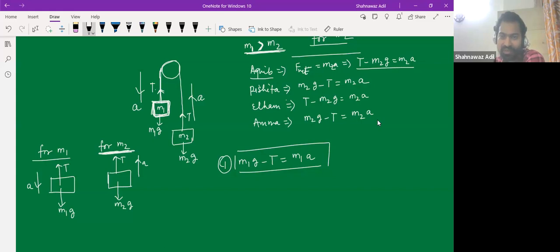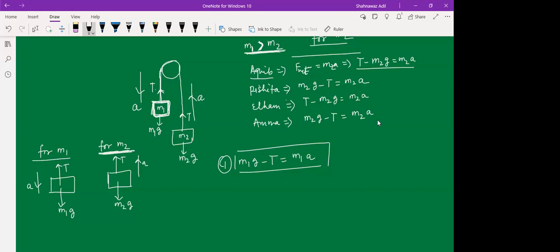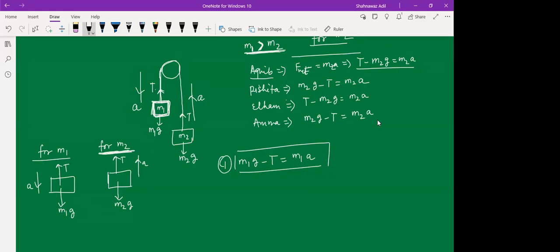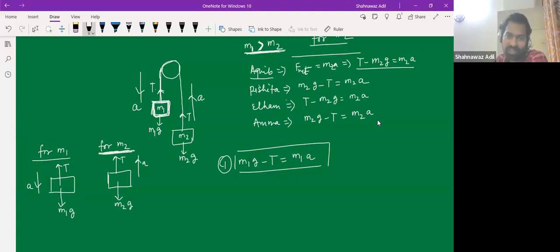What is the sign convention, guys? How do we write the positive or negative of a force in F net? What is the reference point? I'm saying that you guys have got a draw.